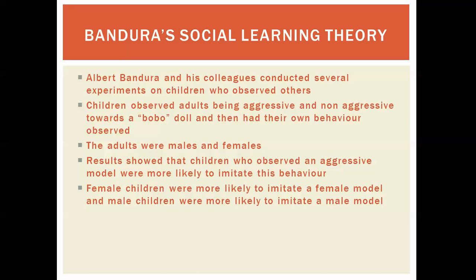And then he put the children in a room and watched their behaviour. Basically they found that children who watched an aggressive model tended to be more aggressive themselves. The other interesting point was that female children were more likely to imitate a female model, and male children were more likely to imitate a male model.